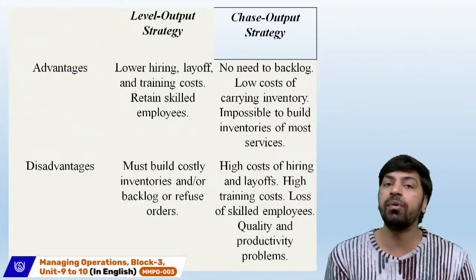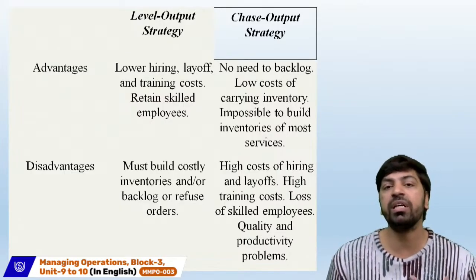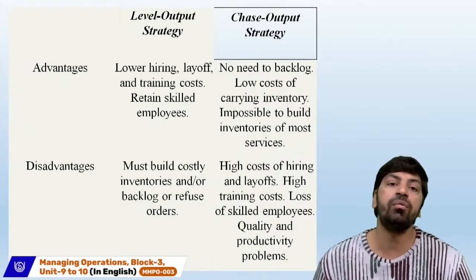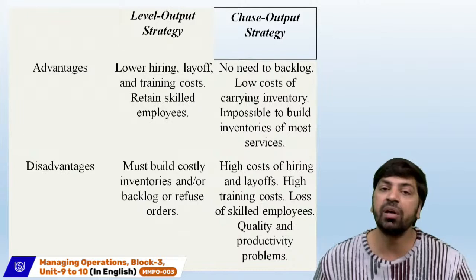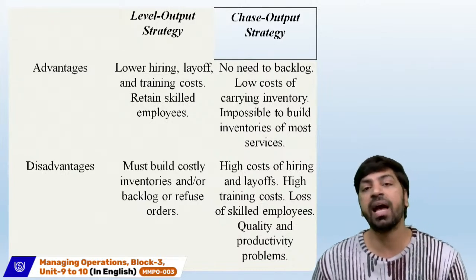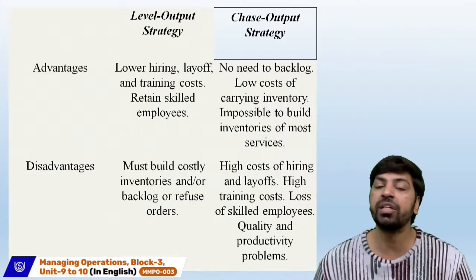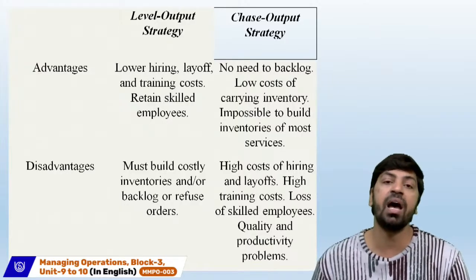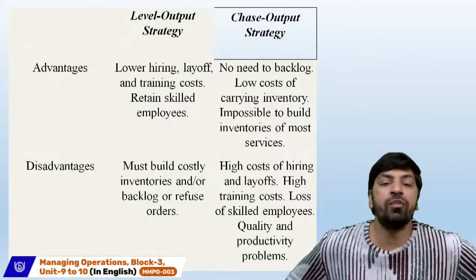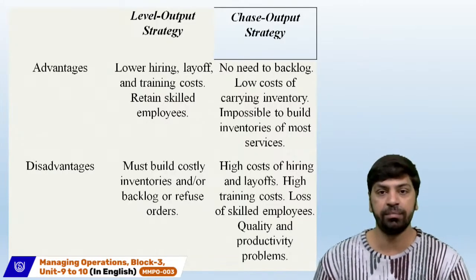So the level output strategy has lower hiring and training cost and retains skilled employees, whereas the disadvantages of the chase output strategy are the reverse: the hiring and training cost, and of course the loss of skilled employees.